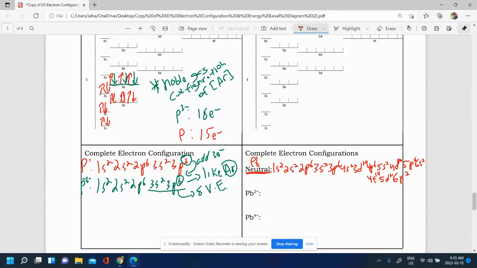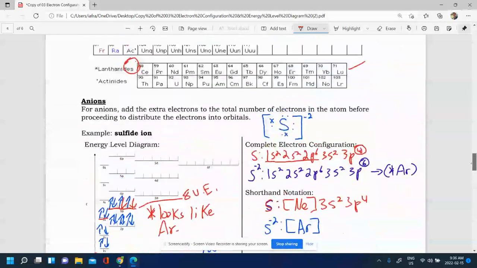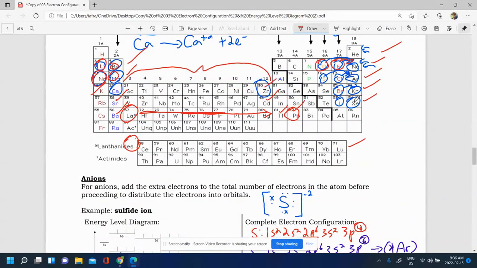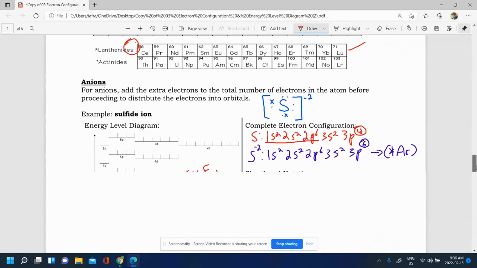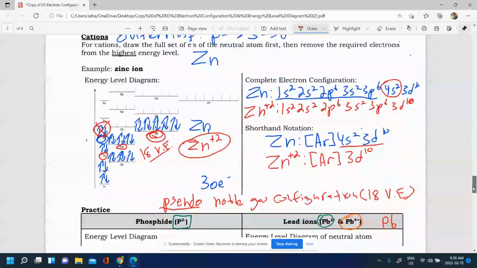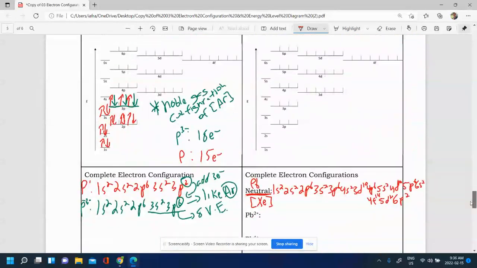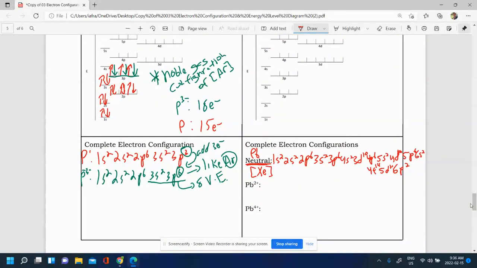You know what? Let's write this also just as its noble gas configuration. So lead's preceding noble gas is xenon, right here. Xenon is in period 5, so 5p6 is where xenon ends. So I can replace everything up to 5p6 by xenon, just to make our lives a bit simpler.